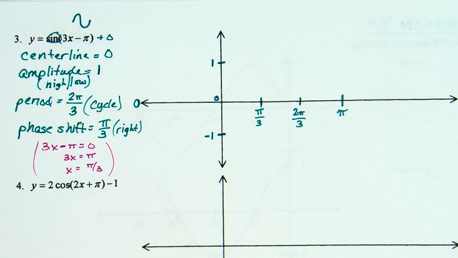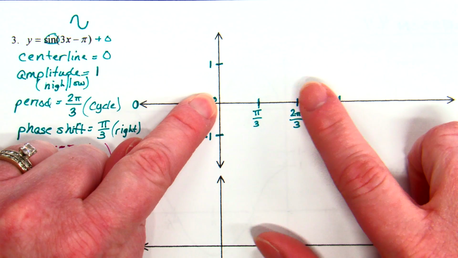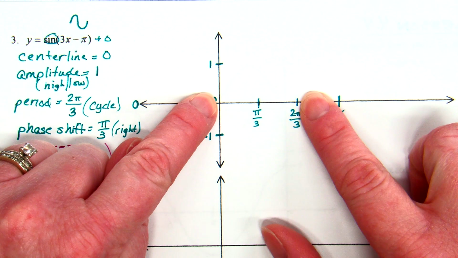On these, what is our cycle? Our cycle length is 2 pi over 3, right? So one sine curve has to fit between 0 and 2 pi over 3. Now, if you notice, right now this is only split into 2 pieces.